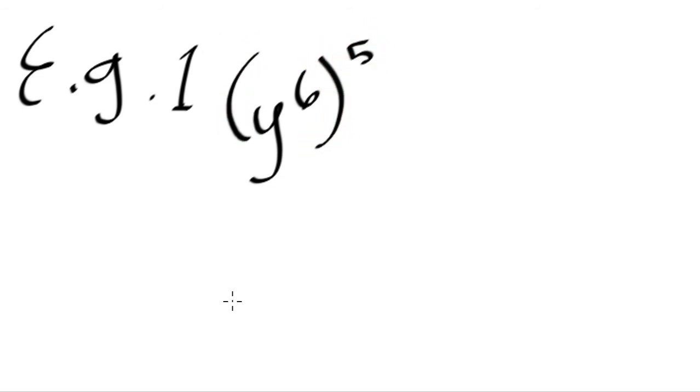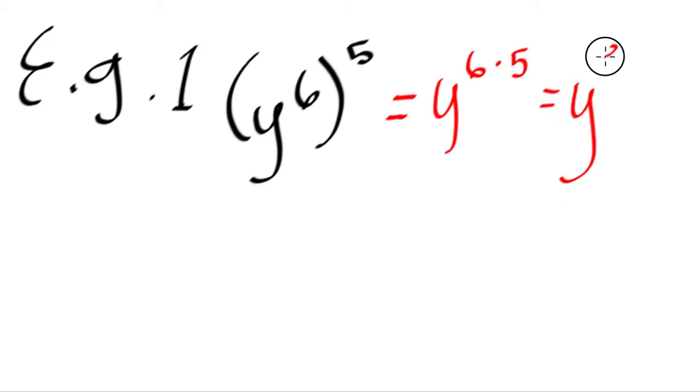Now, how do we do this? We will multiply the exponents since we're using the power of a power. What we have is y raised to 6 times 5. Clearly, 6 times 5 is 30, so we get y raised to 30. That's our answer for example 1. Nothing we can do with that actually.